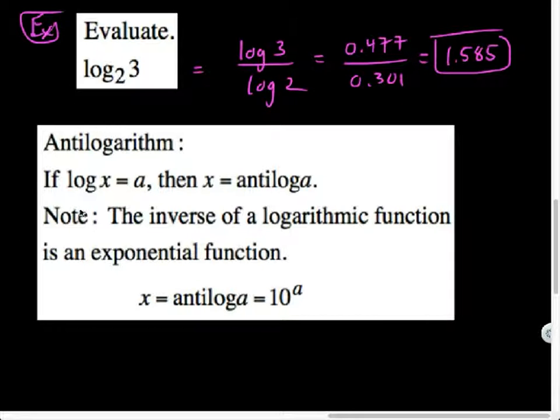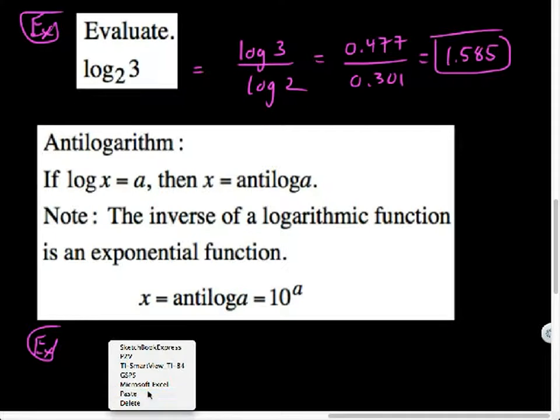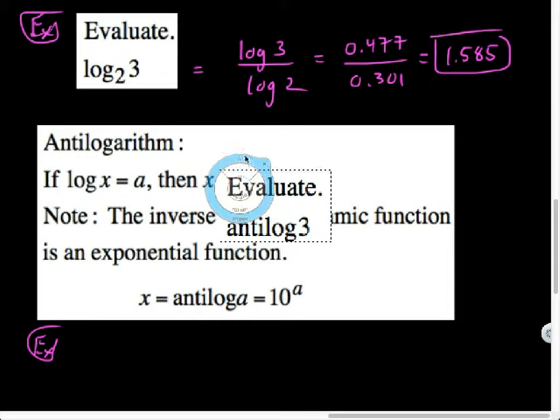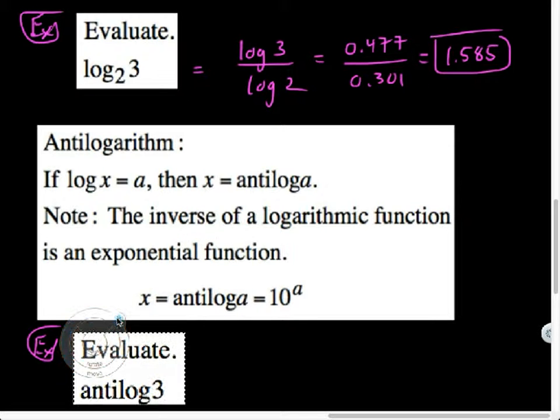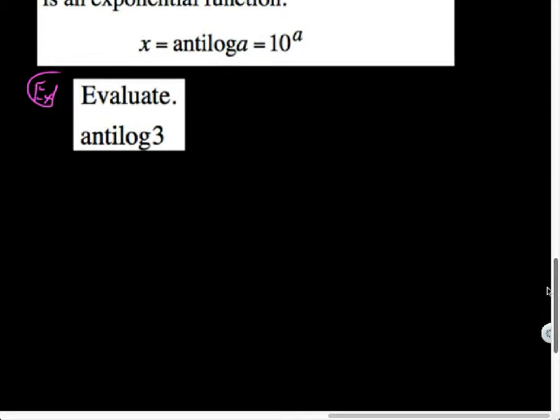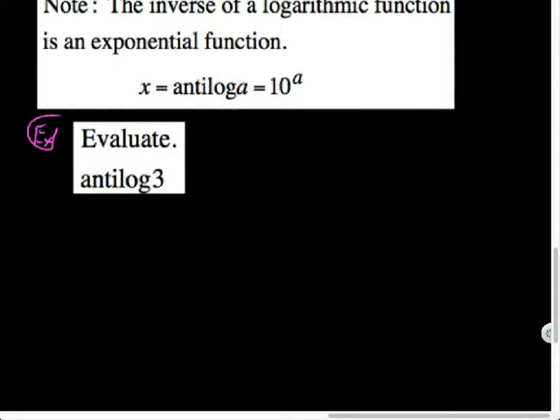So, as a quick example of that, if I wanted to calculate what anti-log of 3 is, that's the same as 10 to the 3rd power, which is 1,000. So it's just kind of a fancy way to write it.